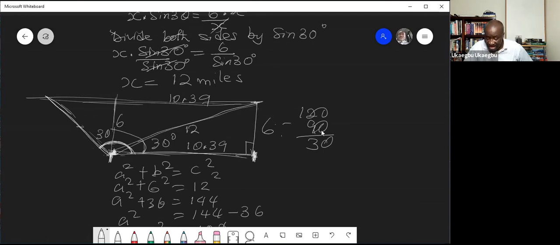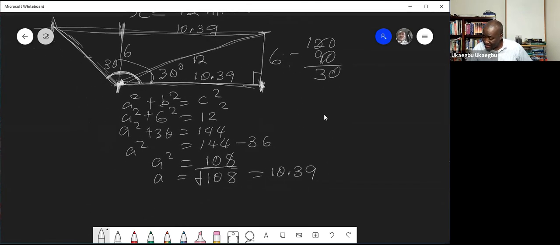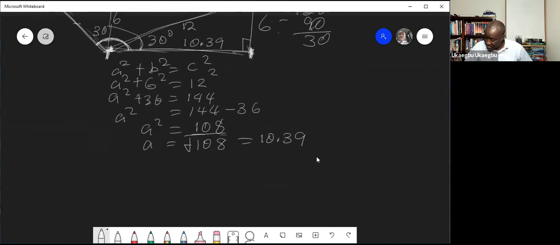So we need to find this length from here to here. Okay? That's what we need. And that's another right triangle right there. You don't really have to be redrawing this all the time, but as long as you can understand it, this is 30 degrees, this is 6, we need this length.